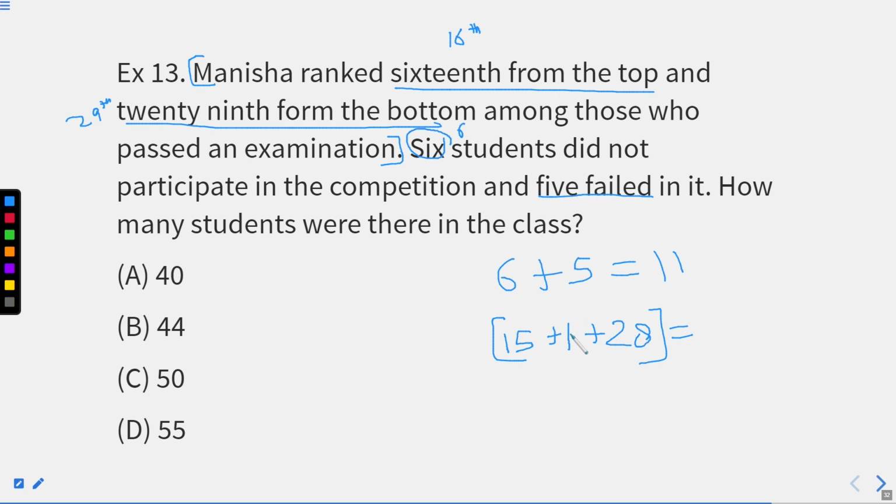Just calculate it. 29 plus 15, that is going to be 44. So 44 students are those who cleared the exam, right? 11 are those who either didn't appear in the competition or failed the exam. So the total number of students is going to be 55. That is the summation of both, or all the students.